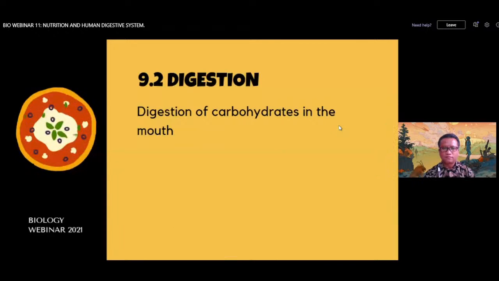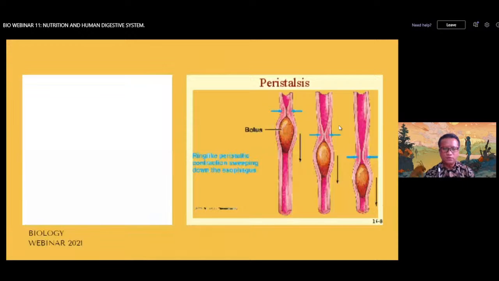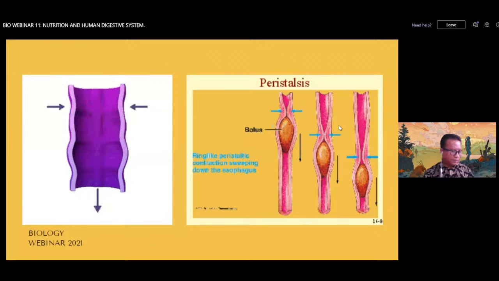Next. Once the food is chewed, it will move down to the esophagus with the help of a process called peristalsis.